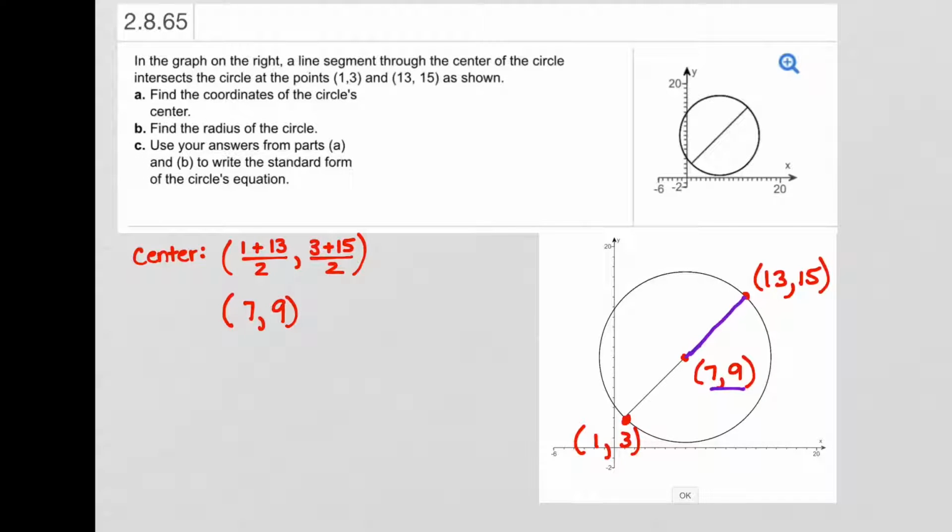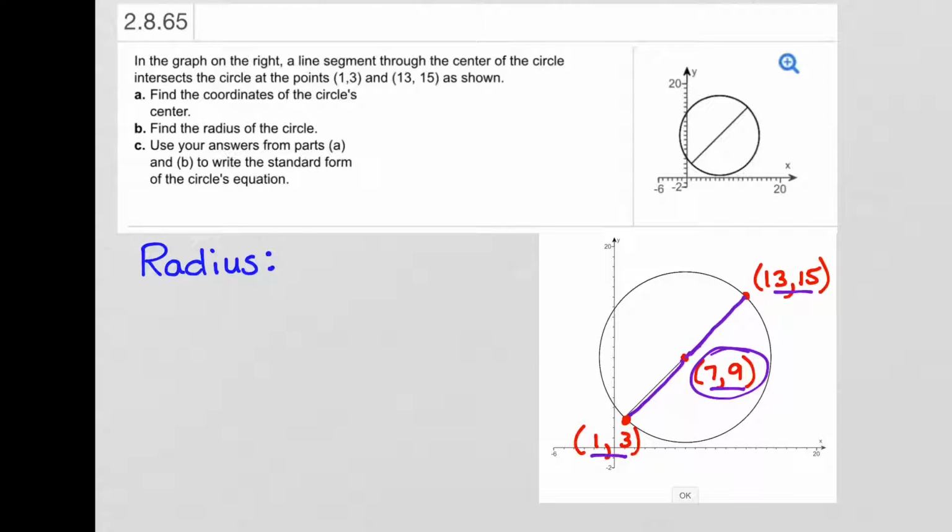I'm going to definitely use that. And I can use 13, 15, or I can go the other way and use 1, 3. And it really makes absolutely no difference because this is our midpoint. So when I get my difference of x's and difference of y's, it's going to be the same number regardless. So you can try it both ways and see how that works.